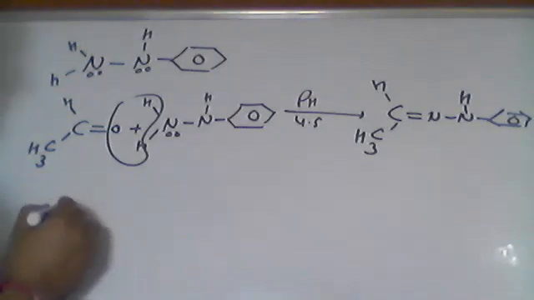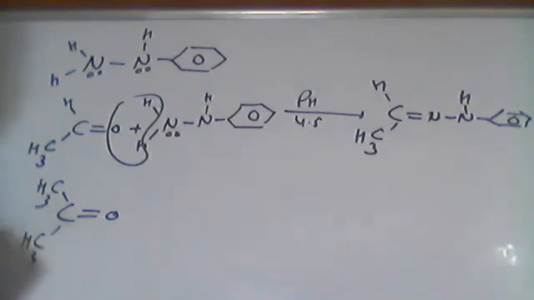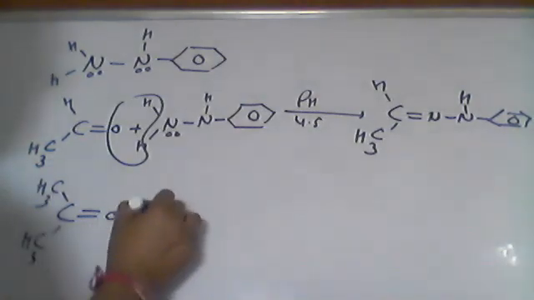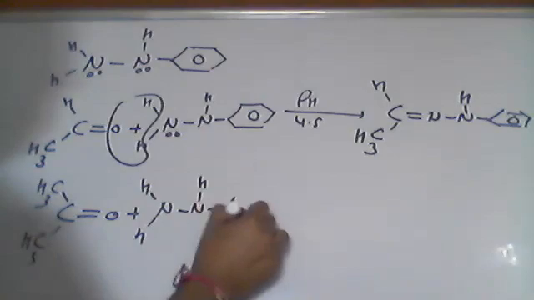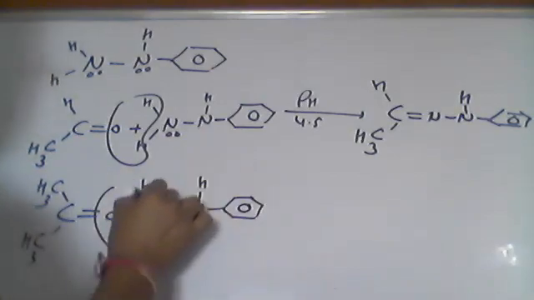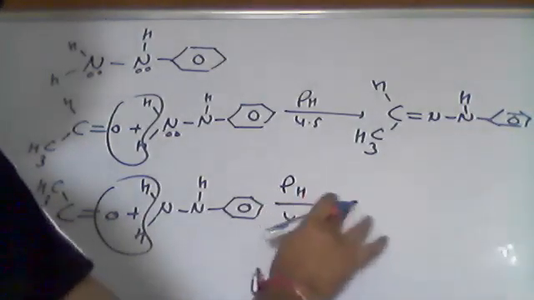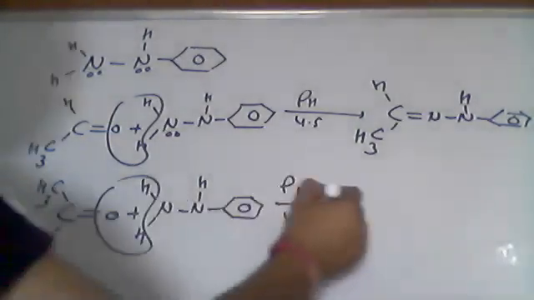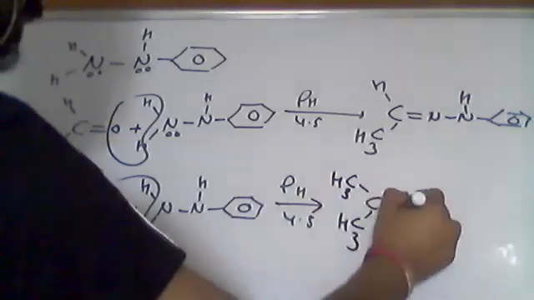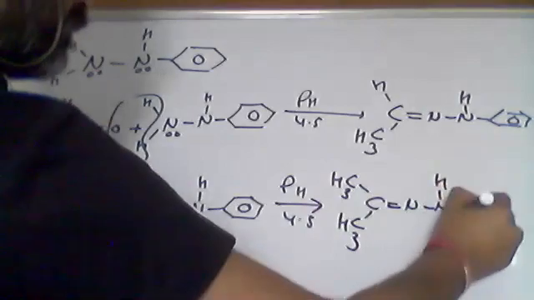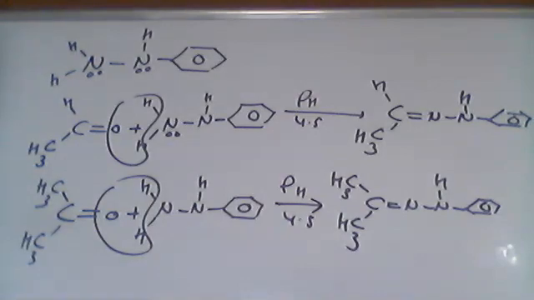With acetone I will do C double bond O, CH3, CH3, plus NH2 NH phenyl group, water molecule, pH 4.5, product C, CH3, CH3 double bond nitrogen, NH, phenylhydrazone of acetone. So this is the reaction.